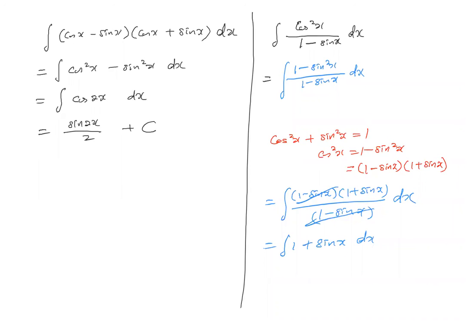That's why I love trigo. It is very versatile. You can change it in any way that helps you to solve the problem. Integrate sin, what do you get? Negative cos x, plus c. Done.